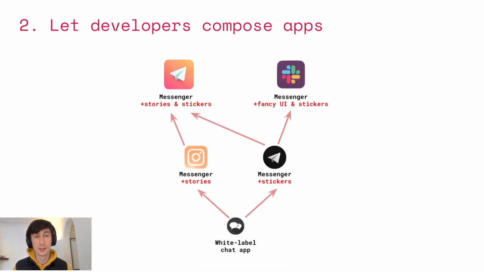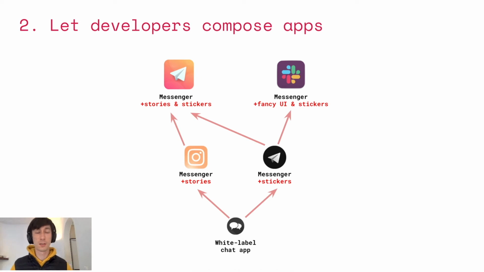So the second thing is, if we have such an open application platform, imagine that one developer created a useful piece of software, like a white label chat application. If this chat application is in the network on the open application platform, then it's safe and easy to extend this app with new features.